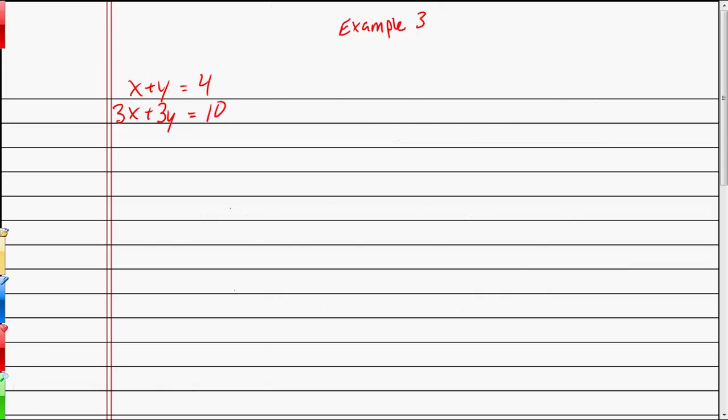And again, looking at it, it looks pretty similar. So I'm going to do the first equation, solve it for x, plug that into my second equation, so I get 3 times 4 minus y, plus 3y equals 10. I forgot my plus in there.